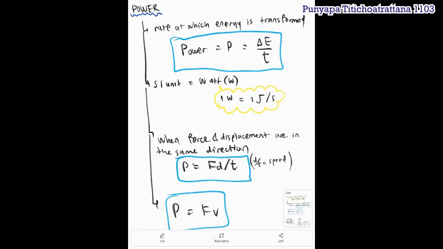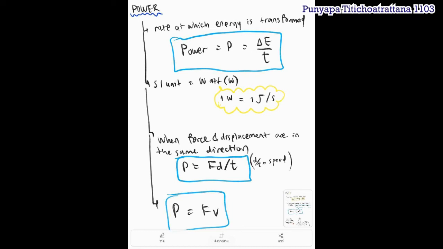Let's move on to power. Power is the rate at which energy is transformed. It can be written as the formula P equals delta E over t, where E stands for energy and t stands for time. The SI unit of power is the watt, or W, and 1 watt is equal to 1 joule per second.